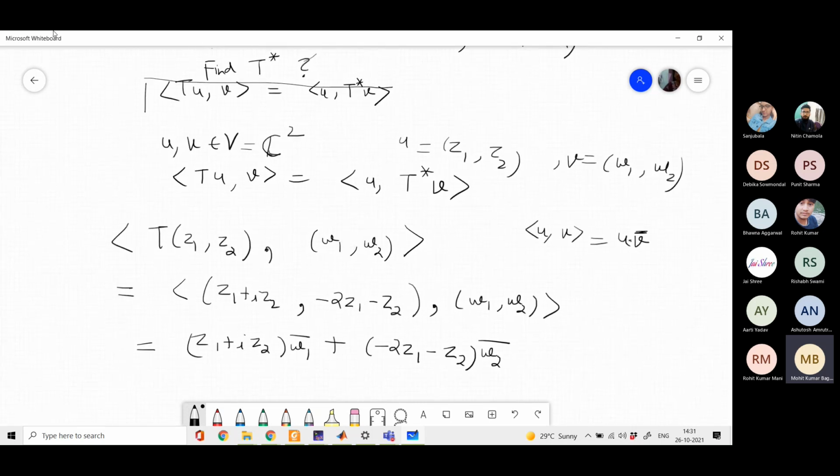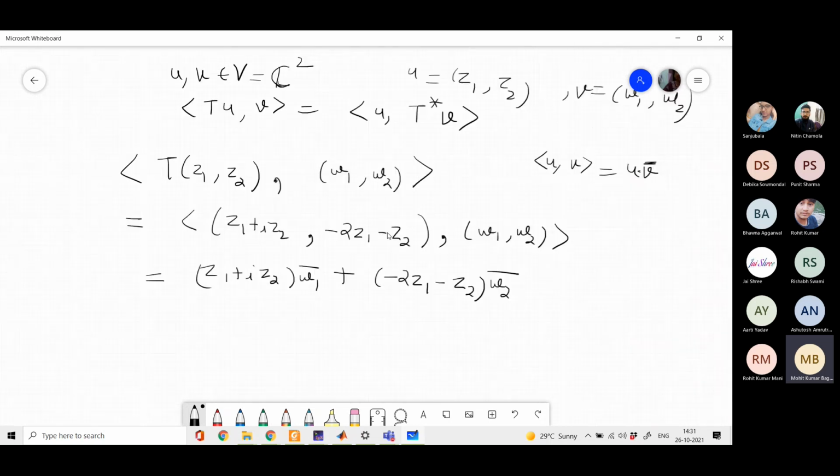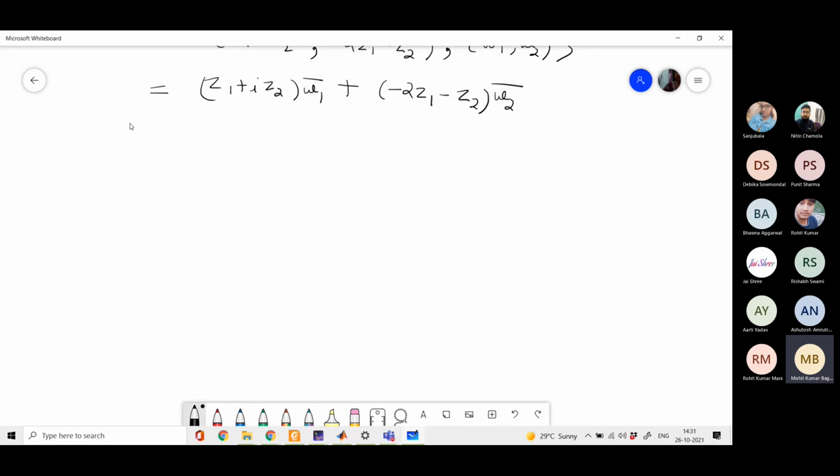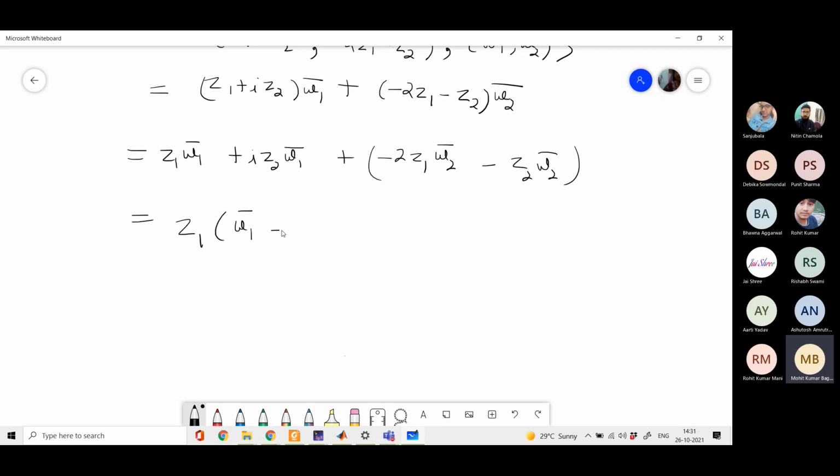You should also do this in your notebook and verify. Then if you open this, this is z1 w1 bar plus i times z2 w1 bar, minus 2 z1 w2 bar minus z2 w2 bar. Collect the terms with z1: w1 bar minus twice w2 bar, plus the term with z2: i w1 bar minus w2 bar.